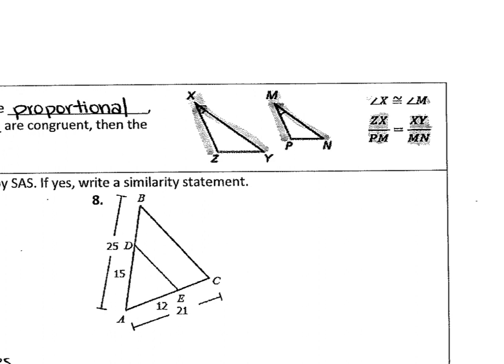Meaning, we look at side XZ and MP. We look at side XY and MN, which would be your blues and your reds. Those are my sides. I also look at the angle tucked in between them.